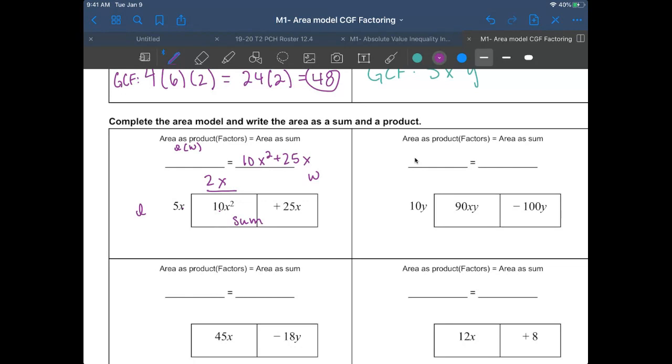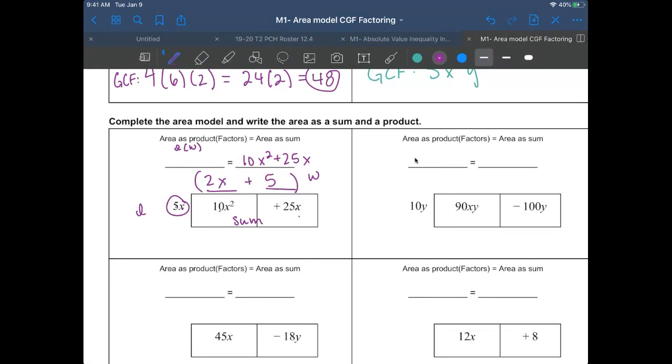So now we need to multiply the 5x by something to give me 25x. Another way to think about this is 25 divided by 5 would give me 5, and x divided by x is 1. So the outside width here would be 2x plus 5.